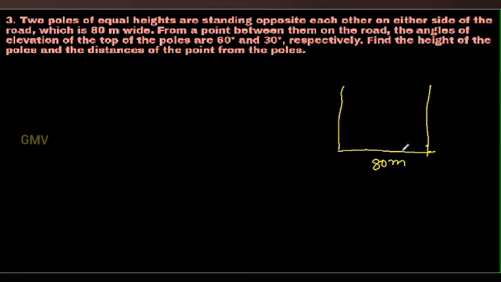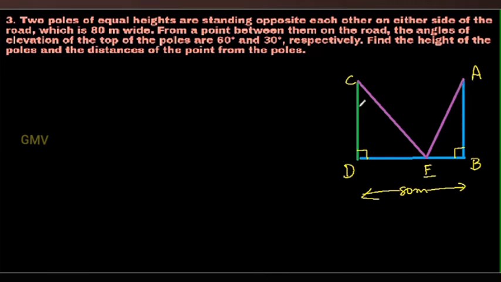Now from a point on the road, the angle of elevation of the poles are, one is 60 degree and another one is 30 degree. Now here we have to find out the heights of the poles and also the distance of the point from the poles.